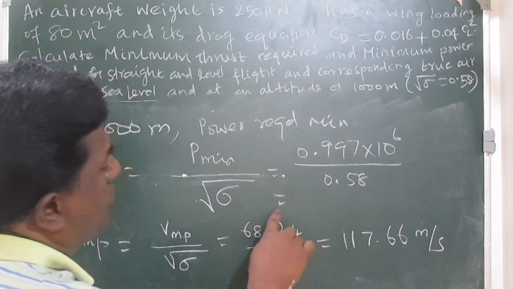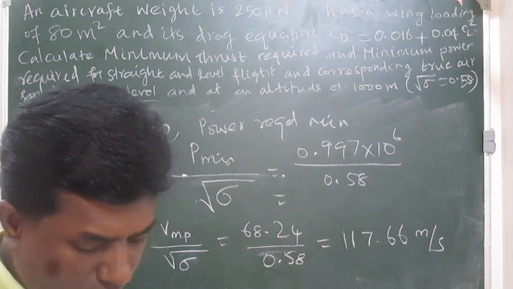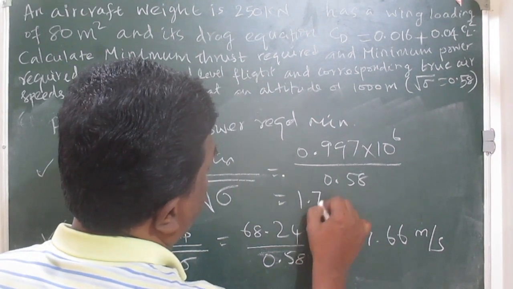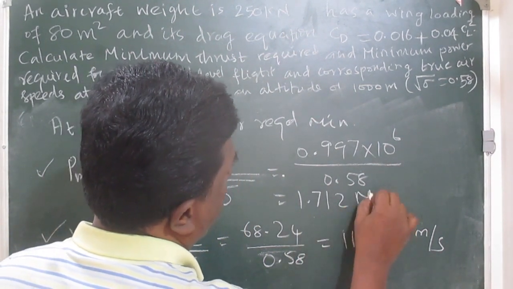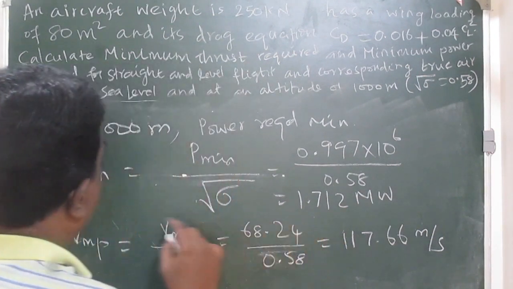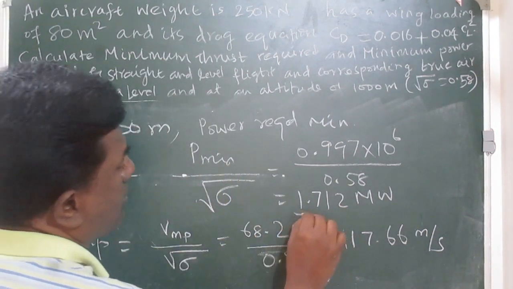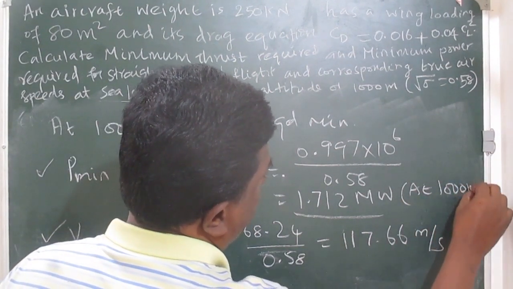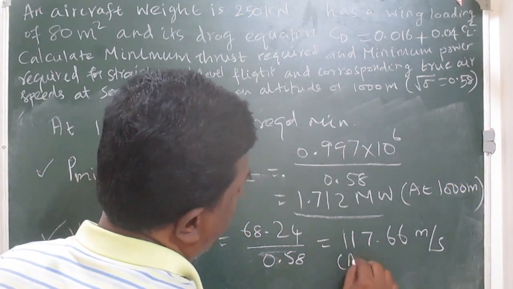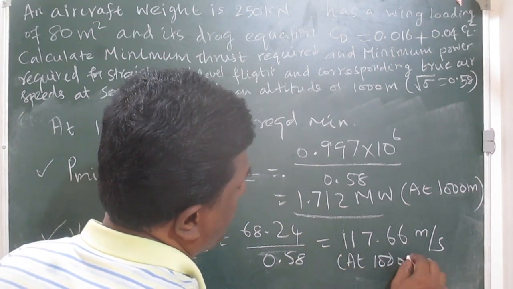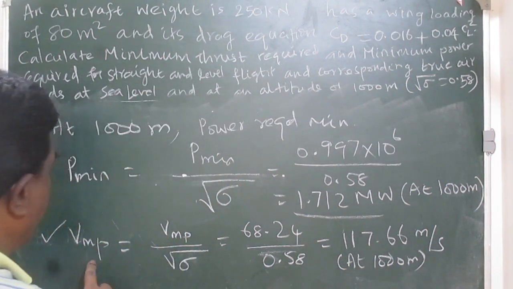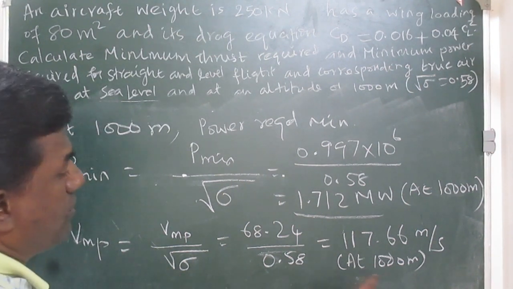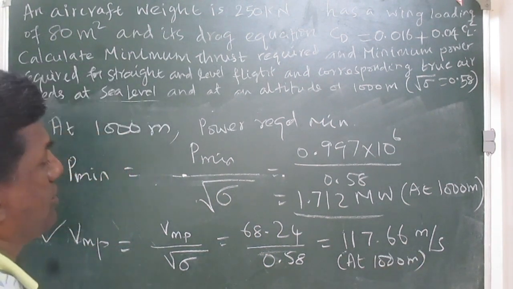This value will be around 1.712 megawatt. So this is the power required minimum at 1000 meter, and the velocity at minimum power is 117.66.